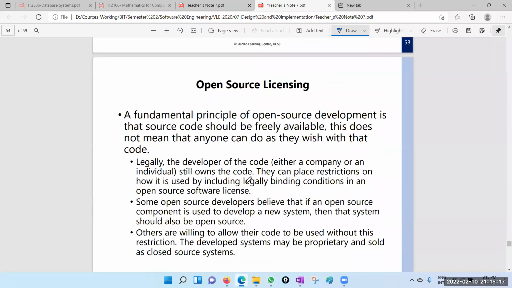Right. So in open source software, what we provide to the customer or client is an open source license. Open source licenses are very liberal, but it doesn't mean that you can do whatever you want. If you want to do whatever you want, you have to go for the general public license, which gives absolutely no restriction over your source code.